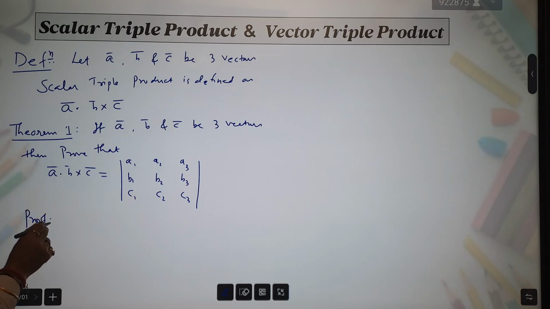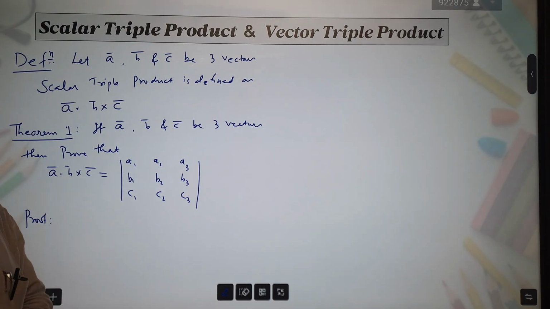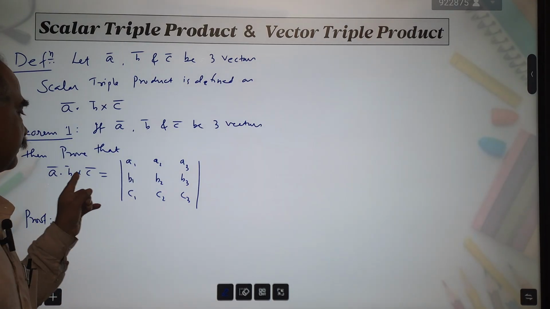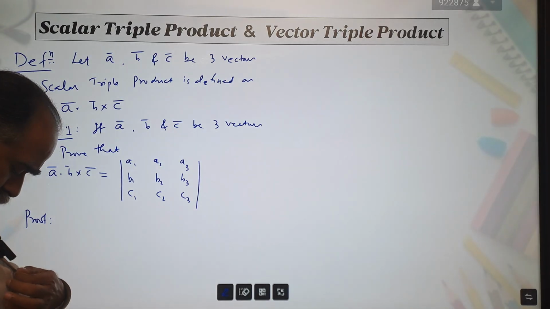This means we will write components of first vector in first row, components of second vector in second row, components of third vector in third row.